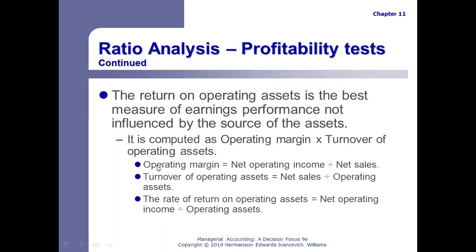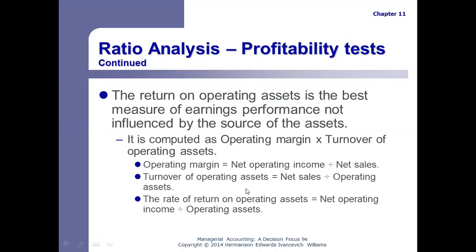Again, think of operating margin as the percentage they make on everything they sell. Turnover is how quickly and what high volume they have of selling. So again, the Jaguar dealer has high operating margin. Let's take a jewelry store: high operating margin, because they make a lot on each thing they sell, but turnover is low.